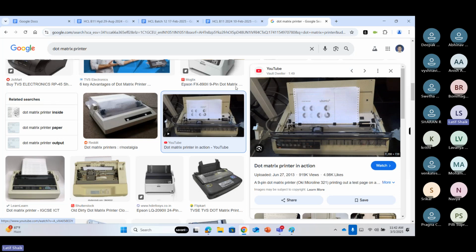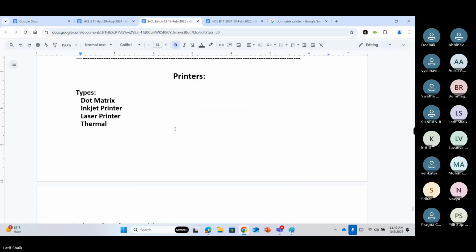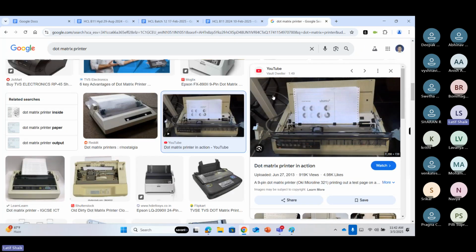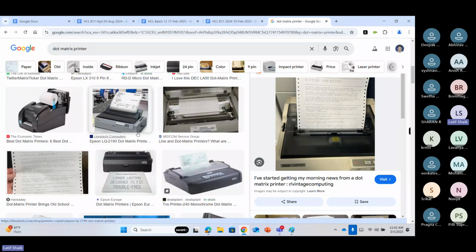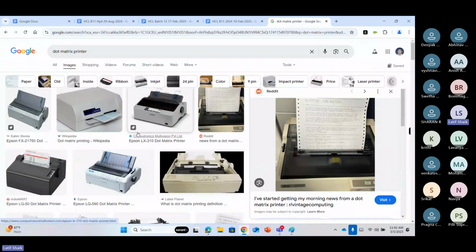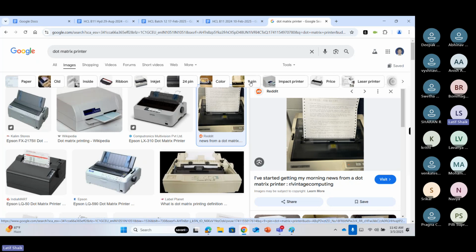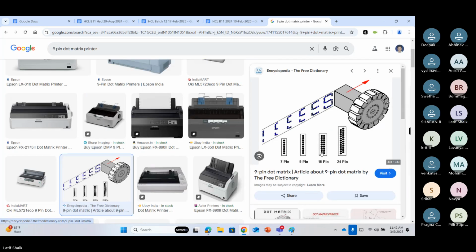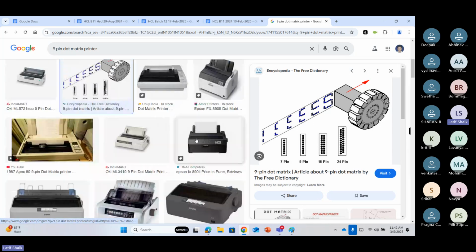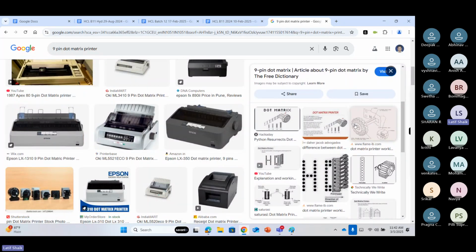It is very noisy, very slow, and monochrome. We can print only one single color, and it is mainly for text-based printing, not graphical printing. If you want to print your photo, you won't get it, because it's a dot matrix printer. It has a 9-pin structure, and based on the pins only it creates the letters.